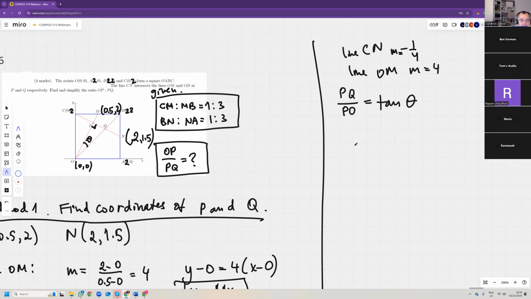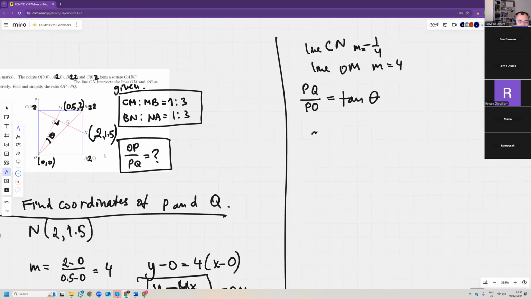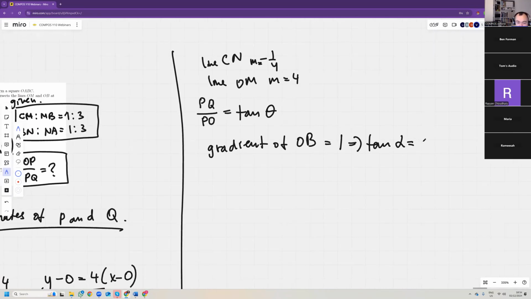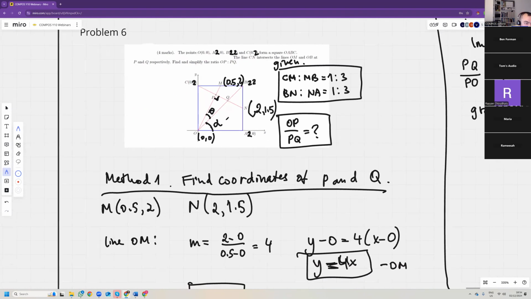Tangent theta. Okay. Gradient of OB is equal to 1. That means that the tangent of this angle, let's call it alpha, tangent alpha is 1. That means that alpha is 45 degrees. So this is 45 degrees.